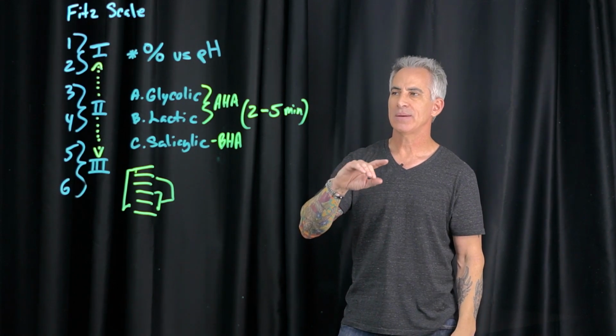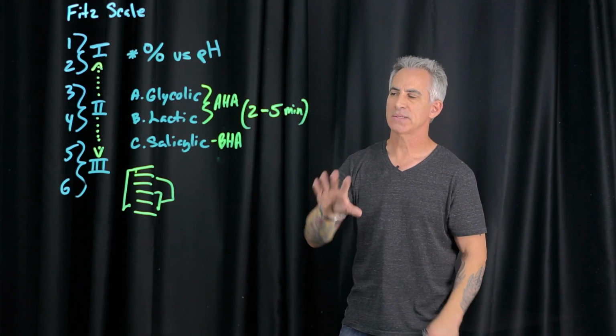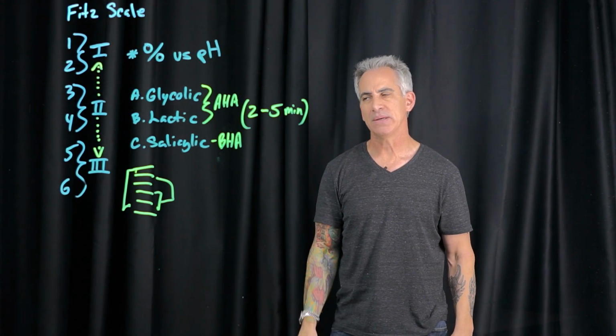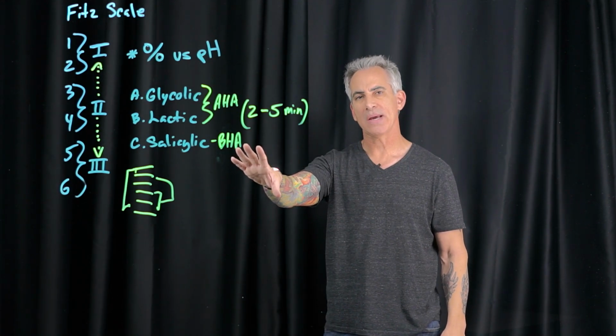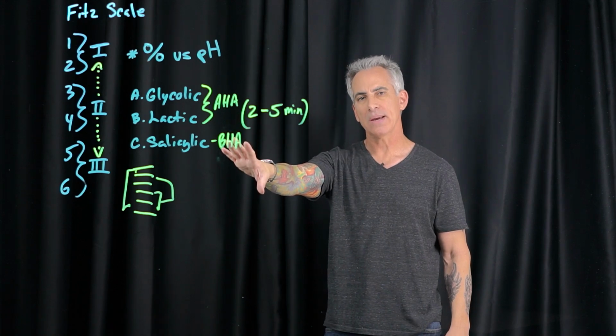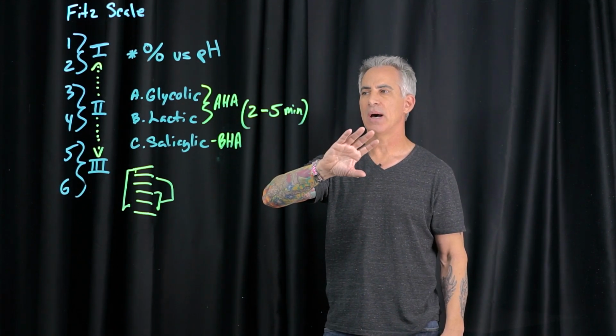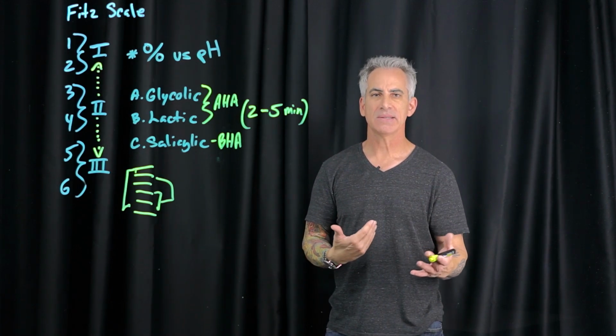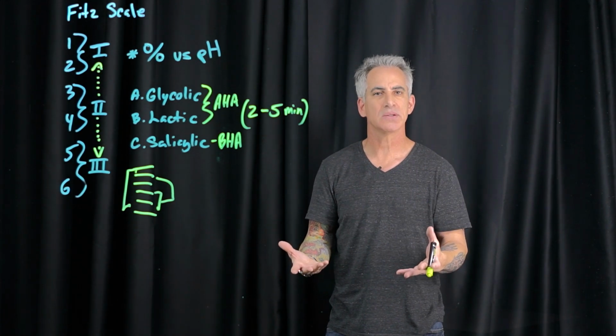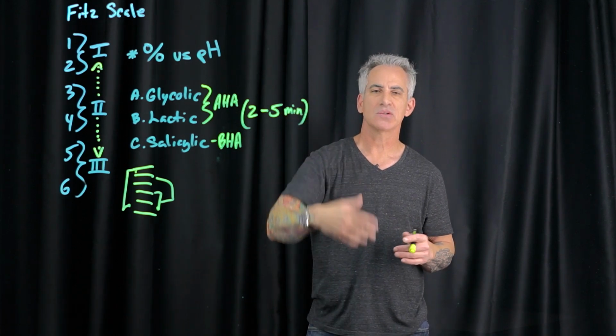And what I'd like to end the video on is this. These are all superficial peels. You will not see any protein coagulation. They are all time dependent. You should never be peeling past 5 to 7 minutes. There's just no reason to do that. 5 minutes is normally the marker.